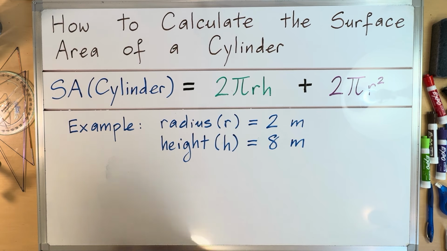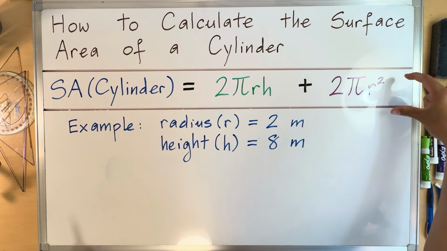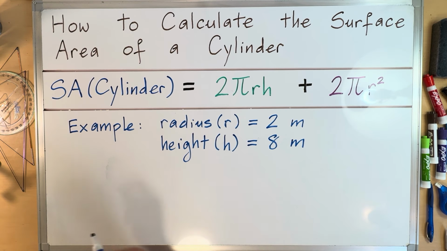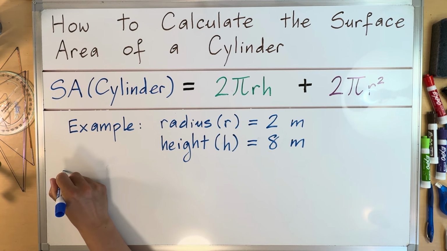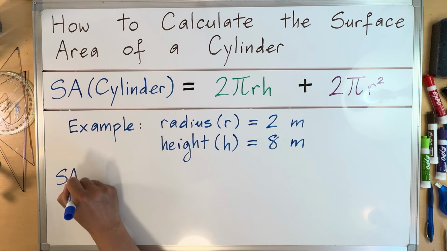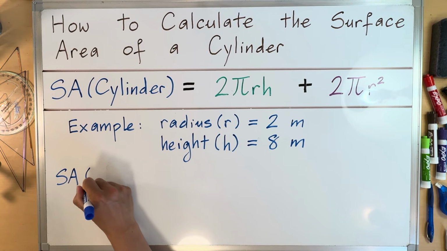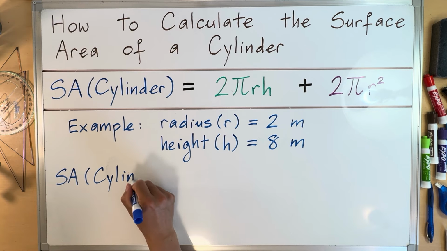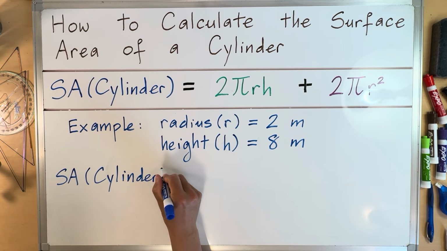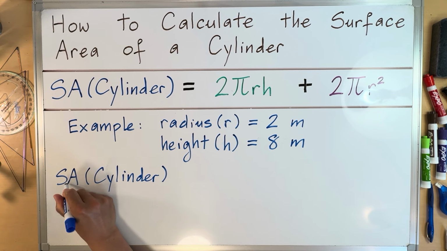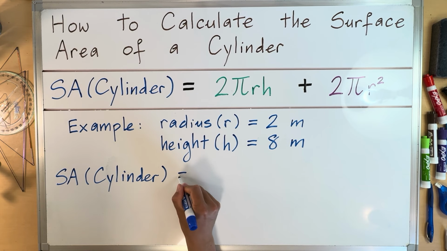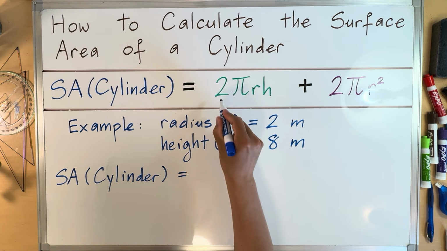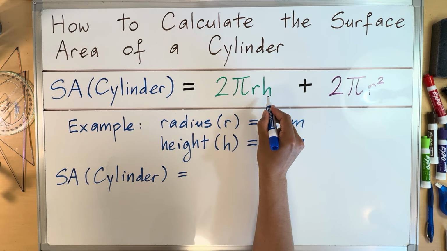So we're going to apply this formula right here. The surface area of the cylinder is equal to 2 pi RH.